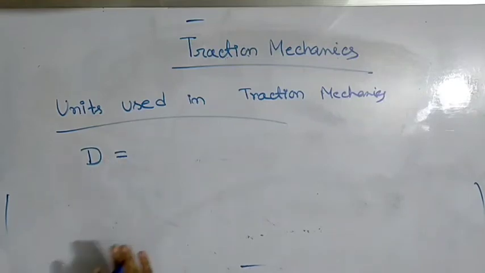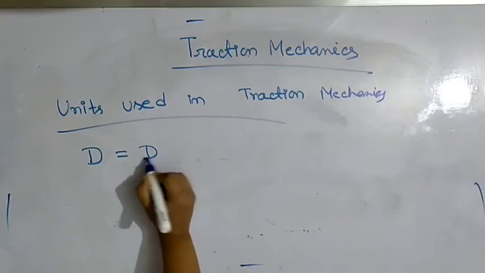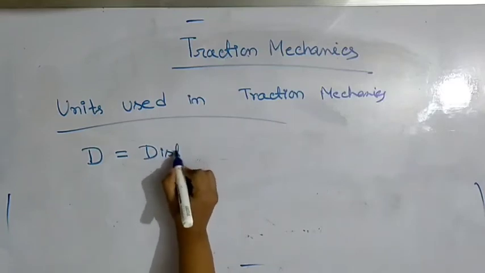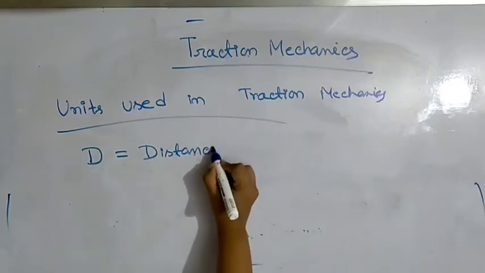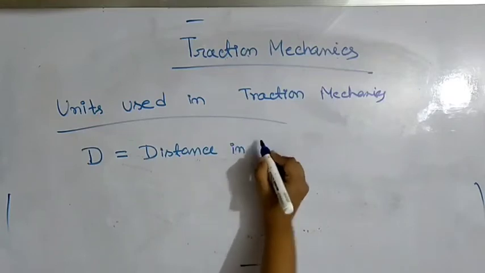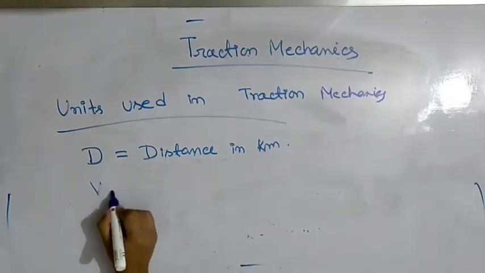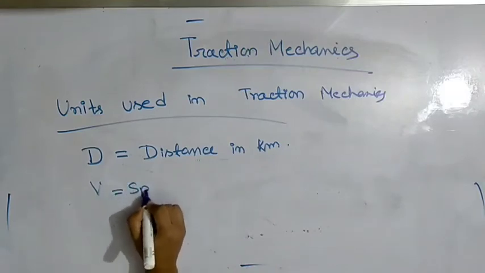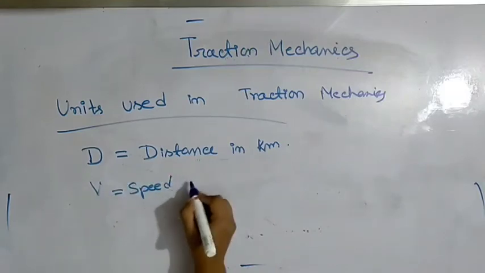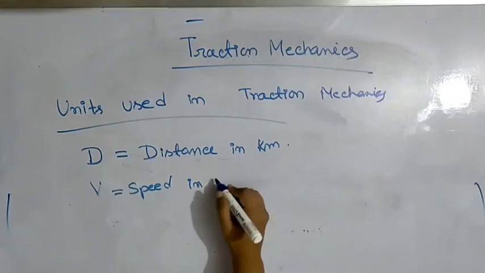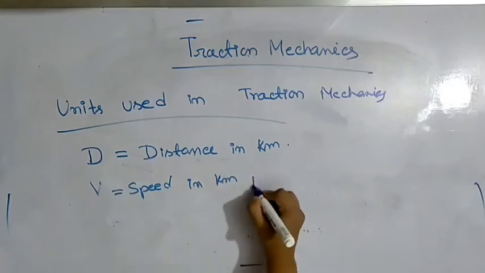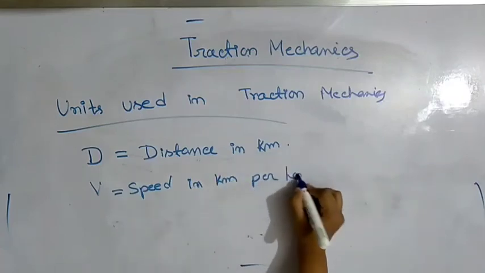Capital D is equal to distance in kilometer. V is the speed in kilometer per hour.